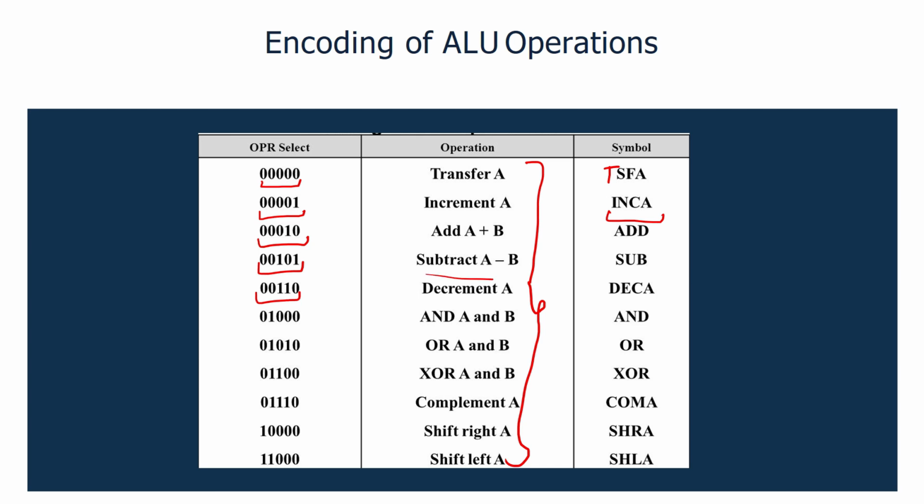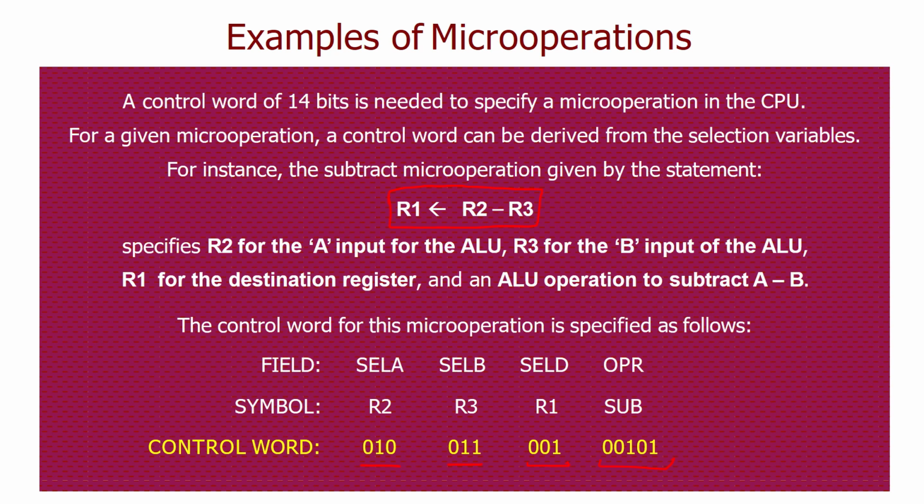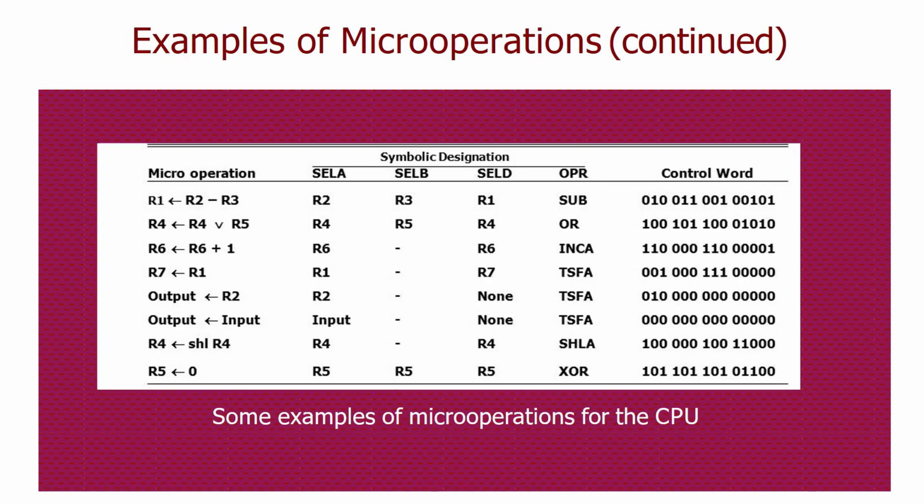So subtraction is 00101. So these 14 values in the control word will get this work done. Similarly, multiple microoperations can be done using these control words.